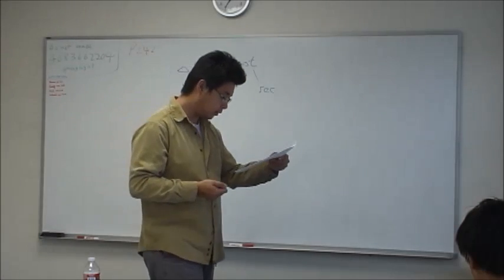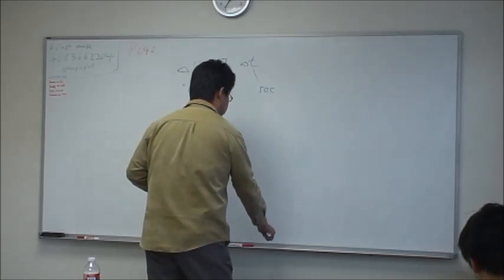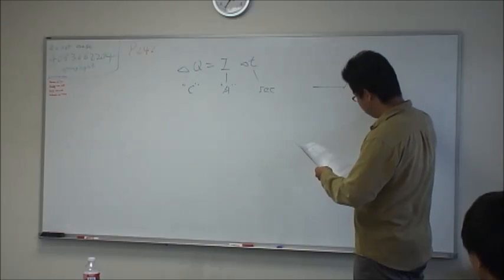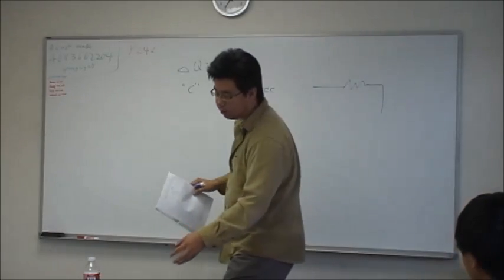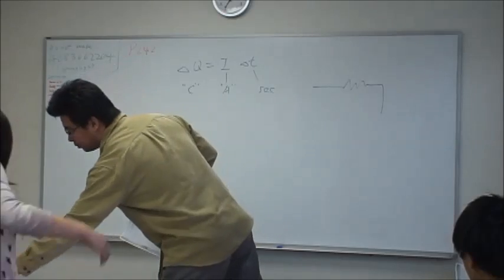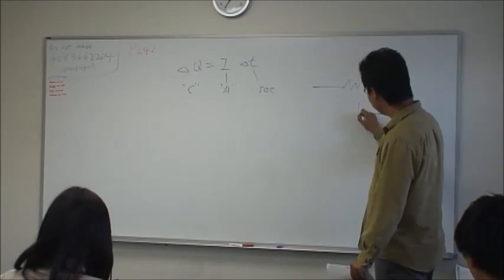And then on figure 16.3, that's normally what we use to draw the circuit. We have wire, we have resistance, we have the battery.